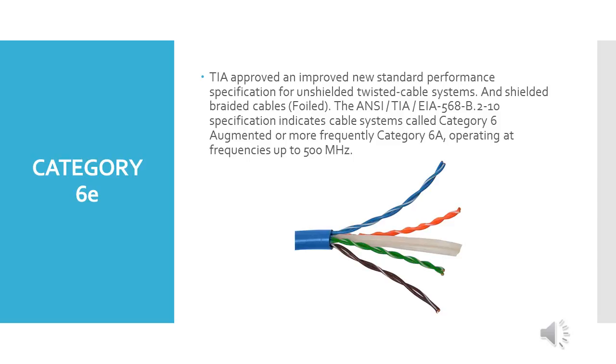Category 6A is an approved and improved new standard performance specification for unshielded twisted cable systems and shielded braided cables. The specification indicates cable systems called Category 6 augmented, or more frequently Category 6A, operating at frequencies of up to 500 MHz.